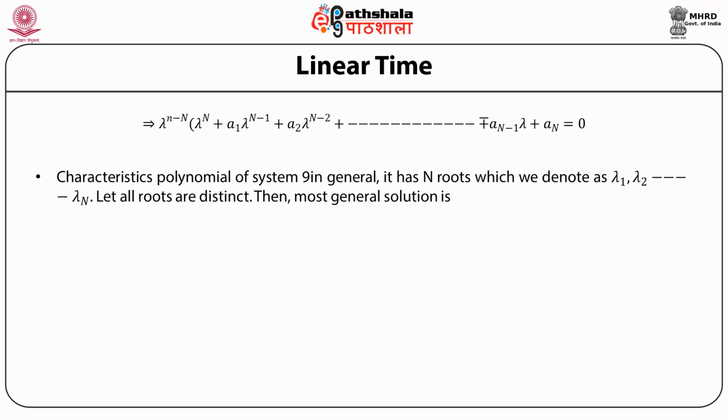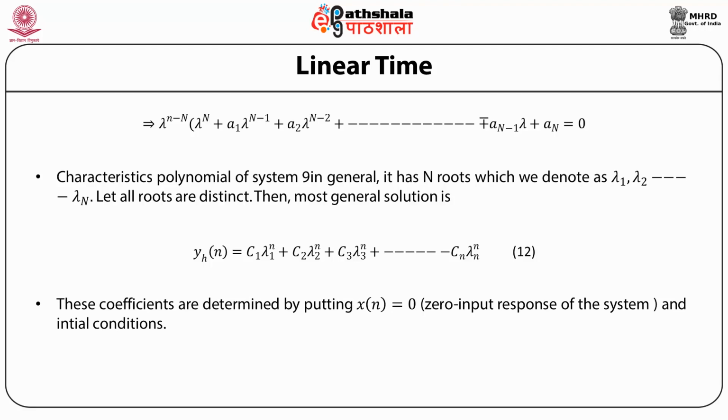The characteristic polynomial of the system in general has N roots, which we denote as lambda_1, lambda_2, and so on up to lambda_N. If all the roots are distinct, then the most general solution is y_h(n) equal to c_1 lambda_1 to the power n plus c_2 lambda_2 to the power n plus c_3 lambda_3 to the power n, and so on, plus c_N lambda_N to the power n.